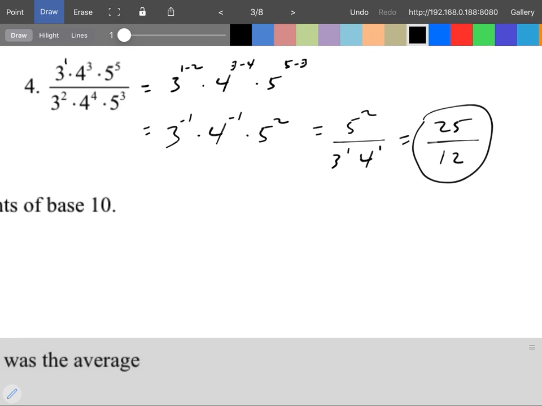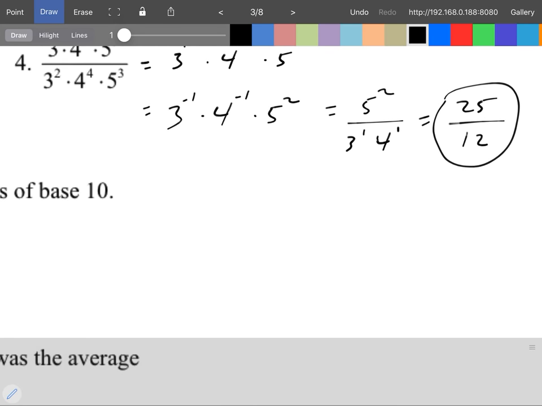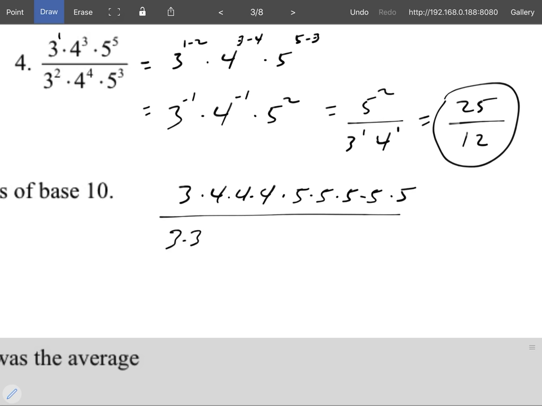Now let me show you another way to think of this problem, okay? If you're ever taking the ACT or something like that and you can't remember the rules, I don't want you to write this out. I want you to visualize the problem in your head like this. So if you took this original problem, in your mind, you could see it as, in the numerator, 3 times 4 times 4 times 4 times 5 times 5 times 5 times 5 times 5.